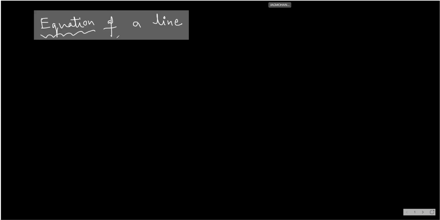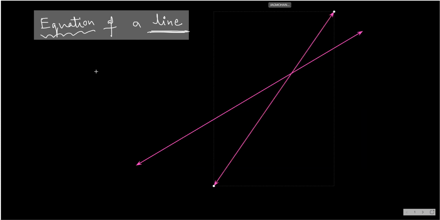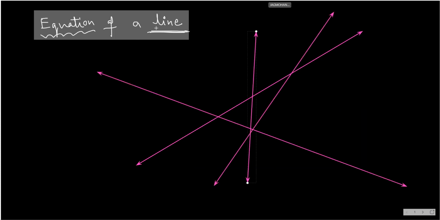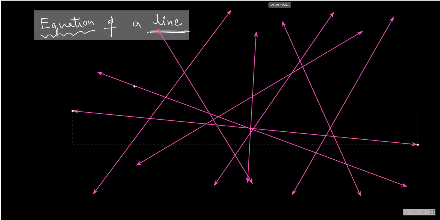It is needless to say, students, that a line is a locus. Don't you see that a line has infinite points on it? So when a line has infinite points on it, we understand that a line is a set of points.